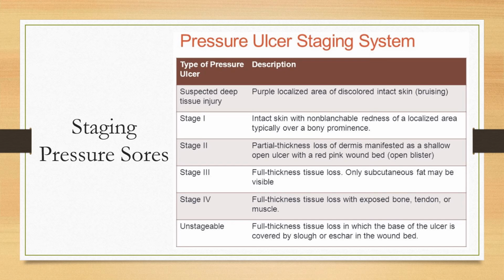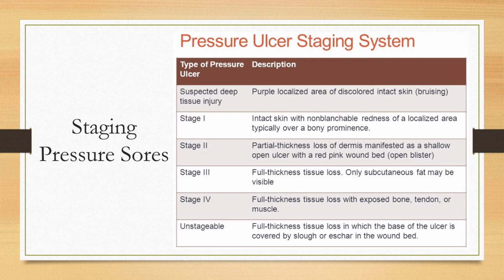Okay, stage 1, intact skin, non-blanchable, meaning there's bruising there. Stage 2, yep, skin's open, it's into the dermis a bit, looks good, pink color, which is always reassuring. Stage 3, deeper, right through the dermis into the subcutaneous fat below the dermis.